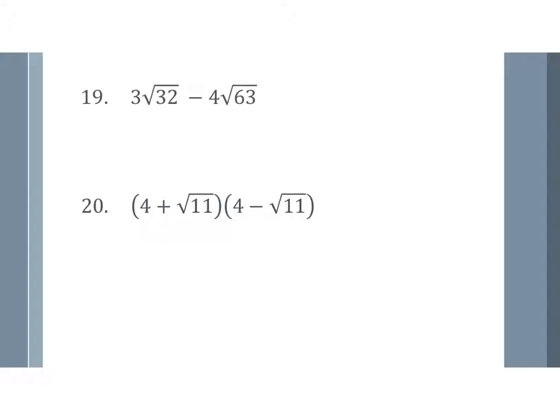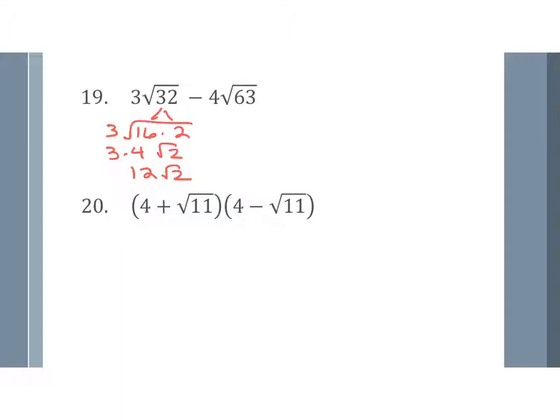All right. On the radicals first. So I need to break down the 32. Again, if you're good and realize that it's going to be 16 times 2, and realize that 16 is a perfect square, you could just make this 3 times 4, radical 2, 12 radical 2.